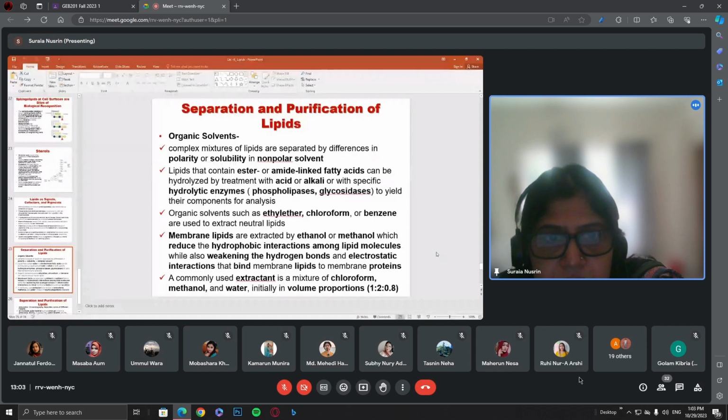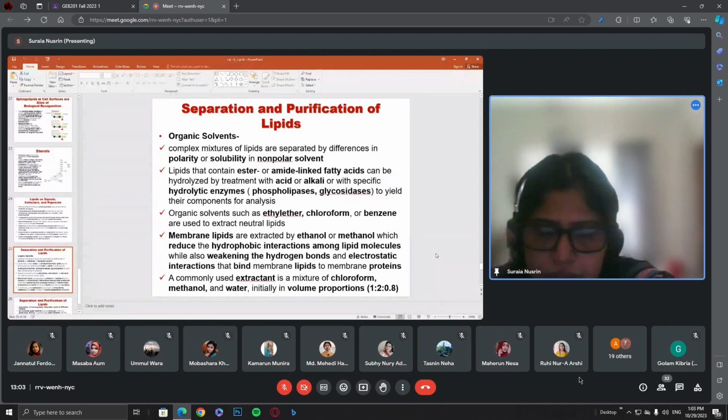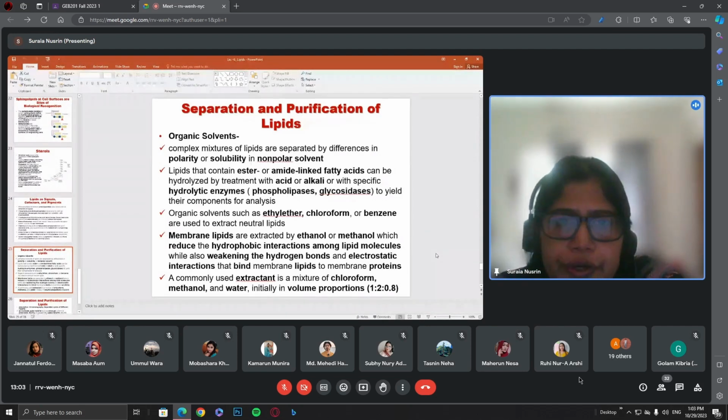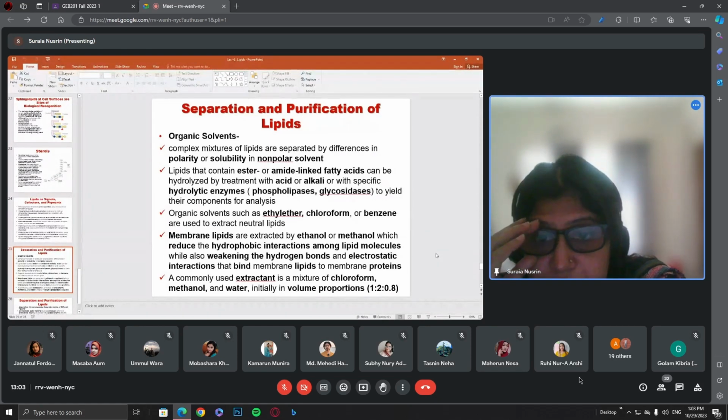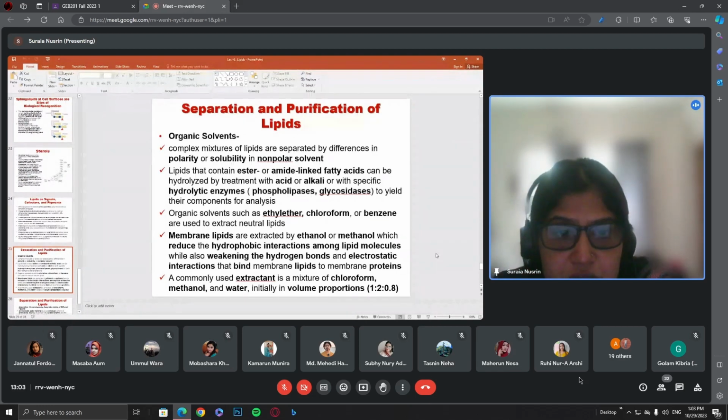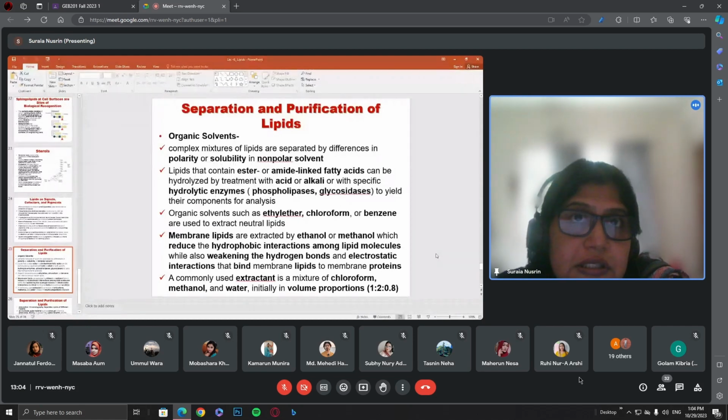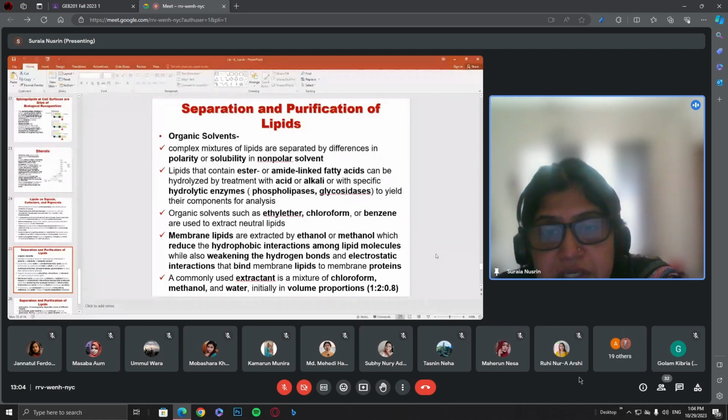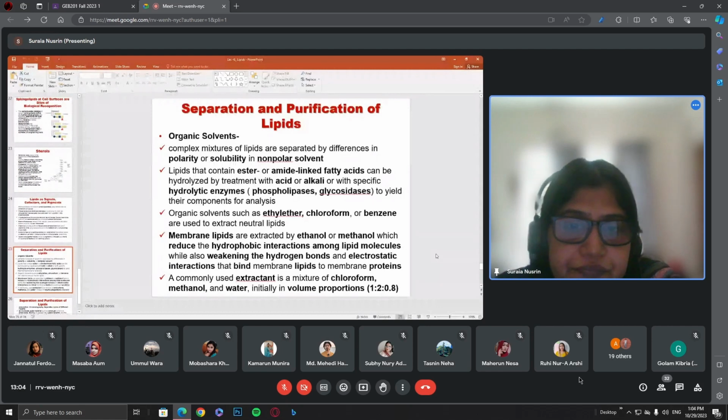So obviously we have to dissolve lipids in organic solvents when we are separating and purifying our lipids. And that depends on the polarity or solubility in non-polar solvent. That means whether your target lipid is soluble in the solvent or not.